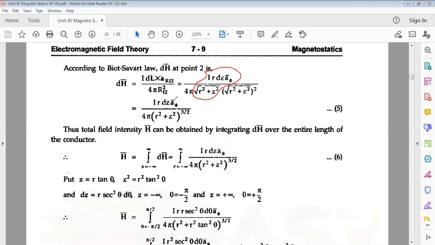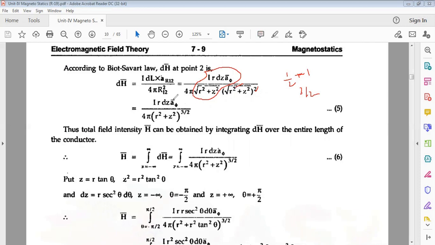So I r dz aφ bar whole divided by 4 pi, and these two functions get cancelled: (r square plus z square) power 1 by 2 and (r square plus z square) power 1, so 1 by 2 plus 1. Bases are the same, you can add the powers, that is 3 by 2. So I r dz aφ whole divided by 4 pi (r square plus z square) power 3 by 2.